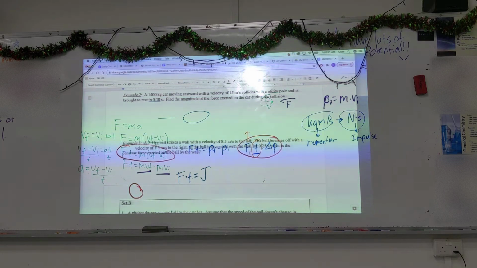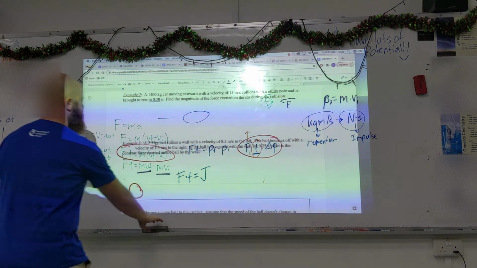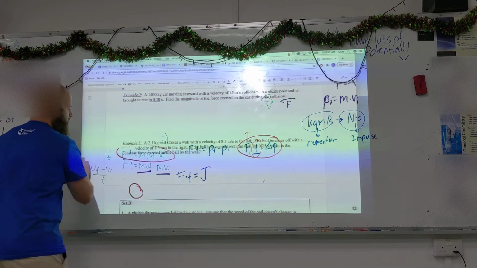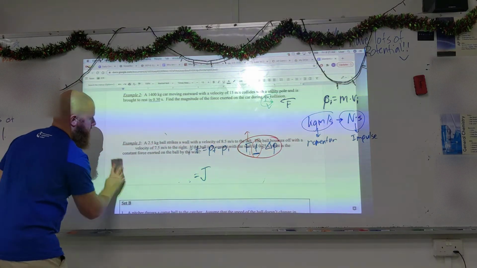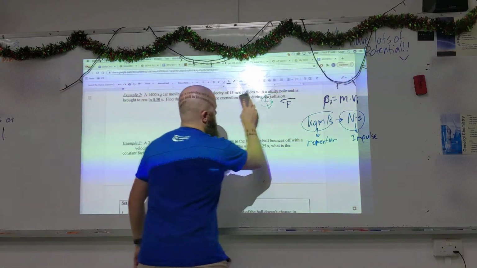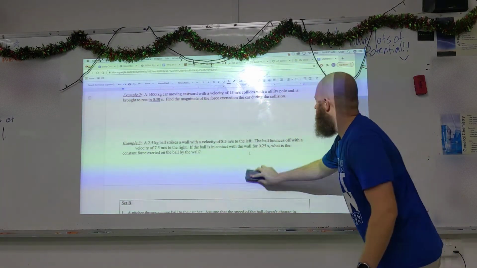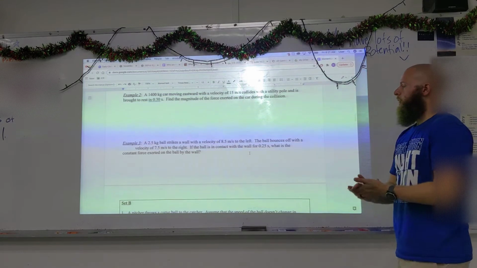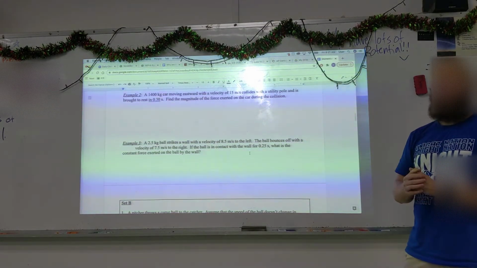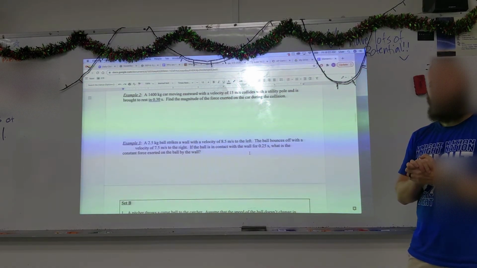Okay, we have two problems here today. So our first is we have a car that is crashing into a utility pole. Okay, so a 1,400 kg car is moving eastward with a velocity of 15 meters per second.